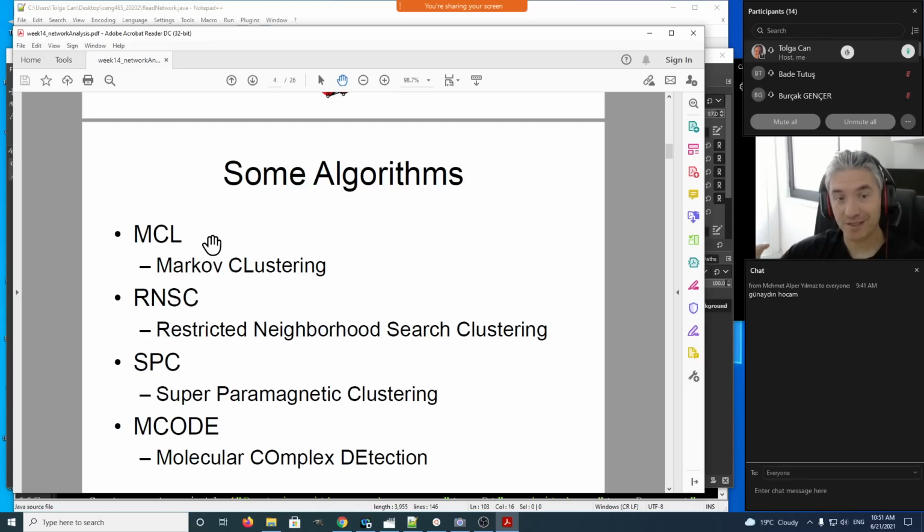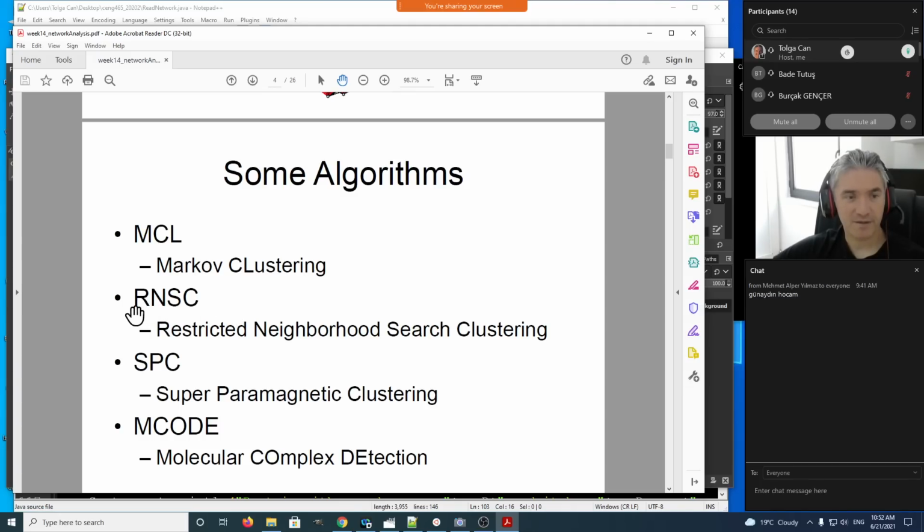The connections are going to get stronger, weak connections are going to get weaker, and at some point you're going to have a graph in which the connected components will reveal your clusters. But the main idea is iteratively taking powers of your adjacency matrix, which reveals certain things in the graph.